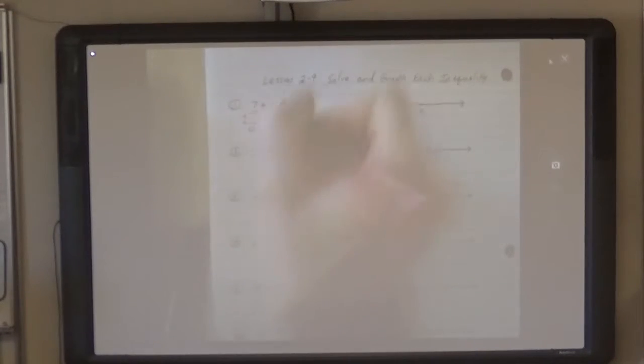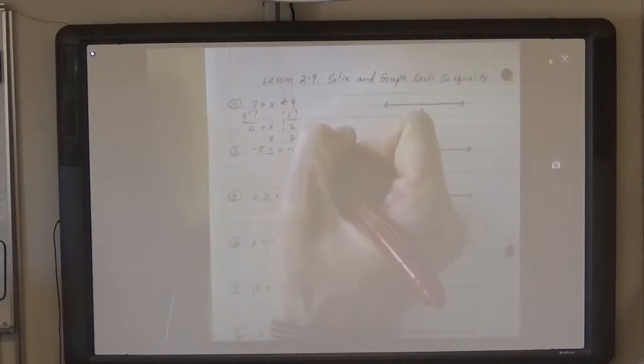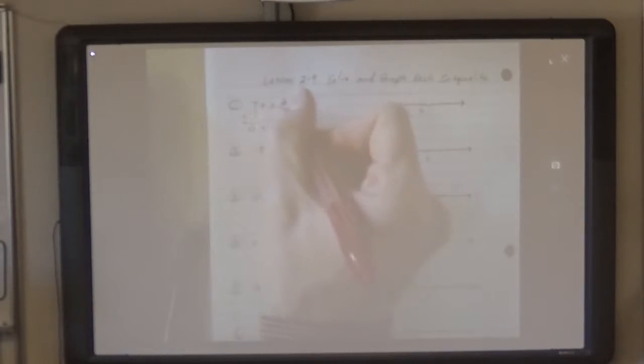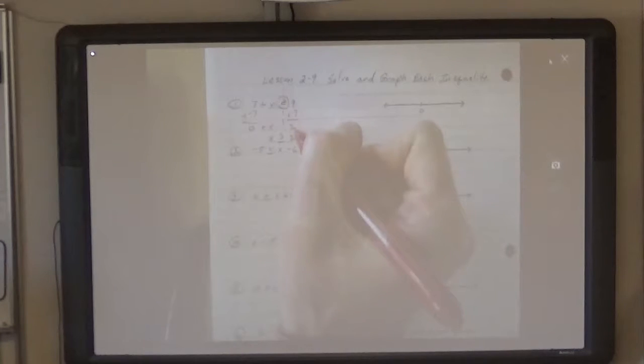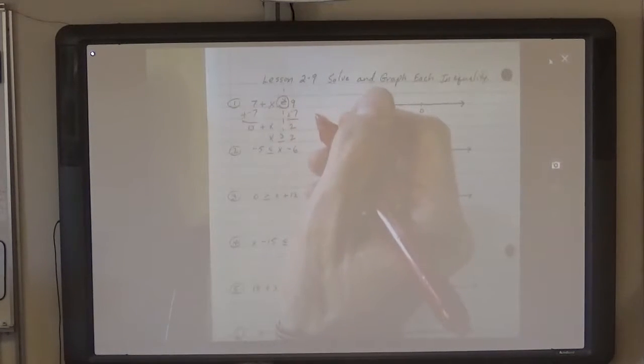So that equals 0 and the x is by itself. Then go to the other side, add the same number. 9 plus negative 7 is 2. So bring down the solution and bring down the symbol that we started with. That shows x is greater than or equal to 2. Okay?